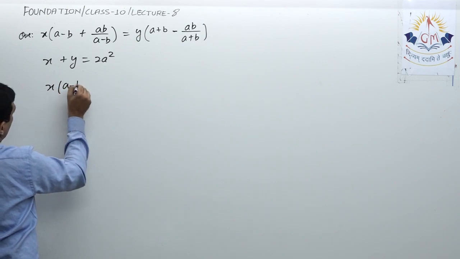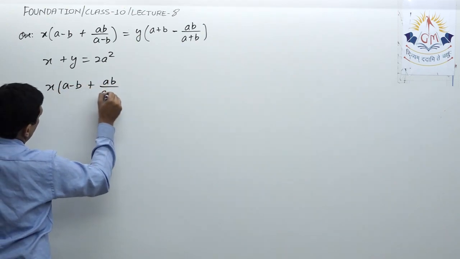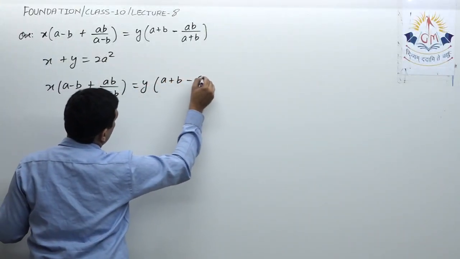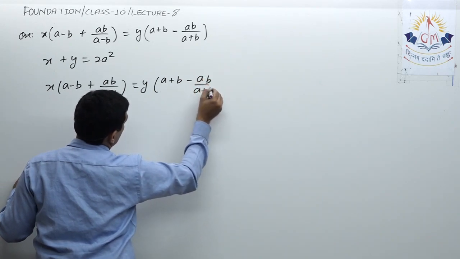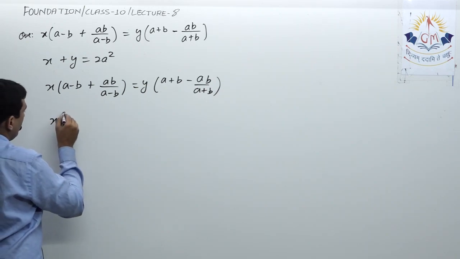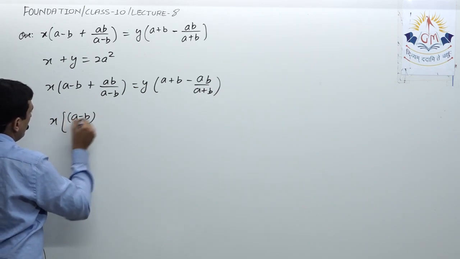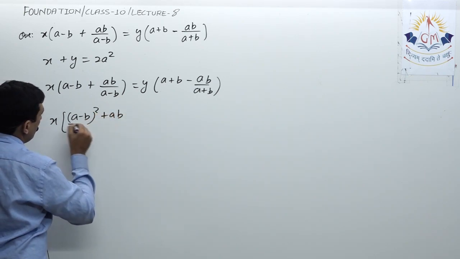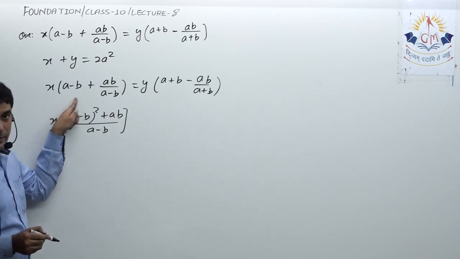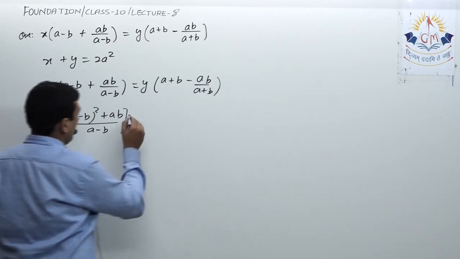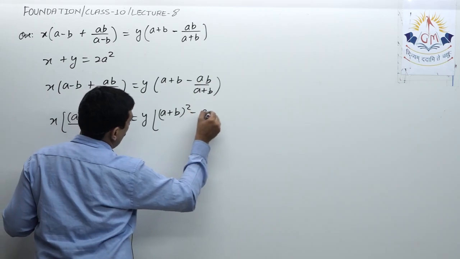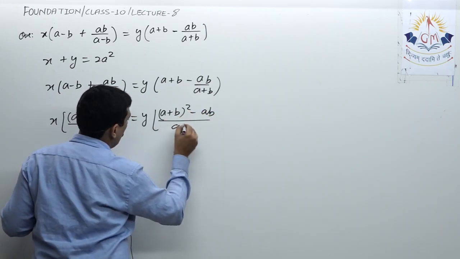x into (a minus b plus ab upon a minus b) is equal to y into (a plus b minus ab upon a plus b). So I will try to simplify this. So x into (a minus b) whole square plus ab upon a minus b, isn't it? If I take LCM, this will become x into (a minus b) whole square plus ab upon a minus b is equal to y into (a plus b) whole square minus ab upon a plus b.